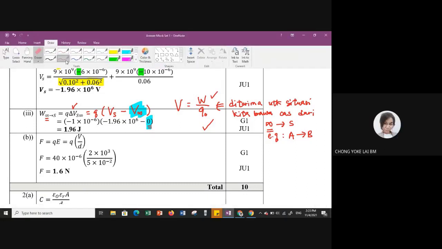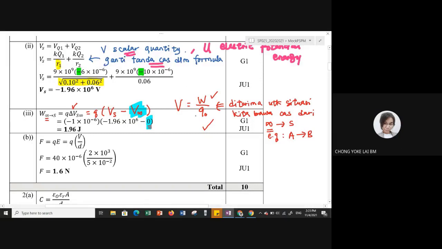Kalau you guna formula yang Nurin buat ni, ini formula memang khas untuk bawa charge dari infinity to a point. Dan tak ada kosong tu tak apa. Tapi dia akan tulis macam ni lah. So dia akan dapat negative 1.96 to the power of 6.